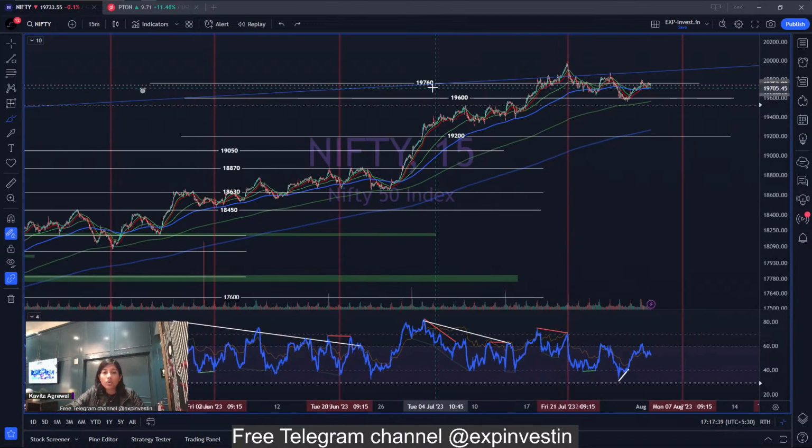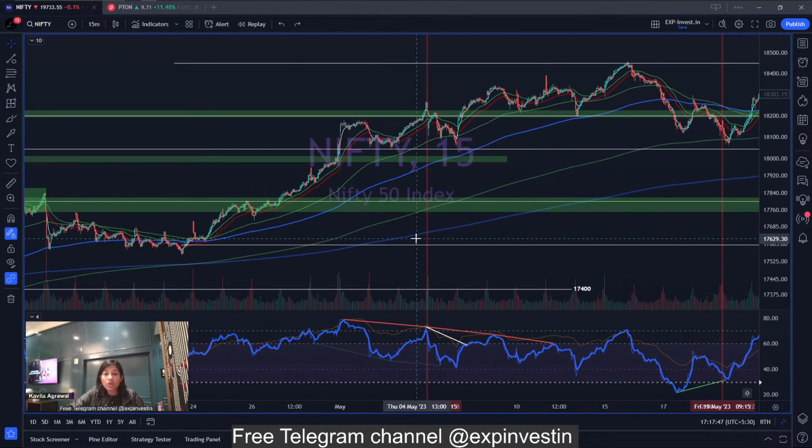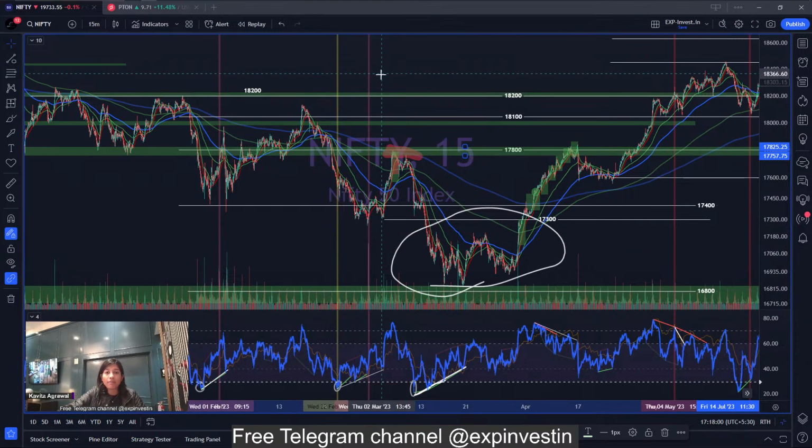Now here, as you can see, I have marked the support and resistance lines as exact levels. But support and resistance can also be marked as zones, because when a price is moving, it is very difficult to identify exactly the point where the support or the resistance could have happened.